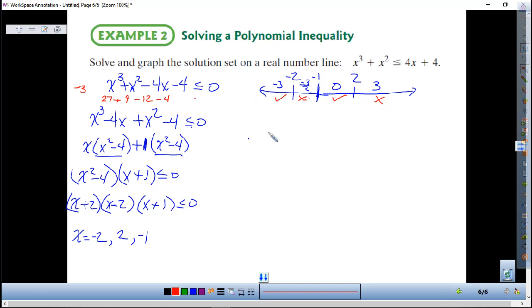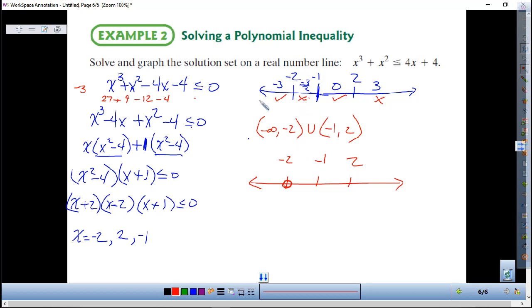All right, so in interval notation, my solution is negative infinity to negative 2, this part, and then union with negative 1 to 2, this interval here. Now, if I wanted to draw it on the number line, which our instructions tell us to do, all we have to worry about is where it changes, which is, by the way, in this case, everywhere. So negative 2, negative 1, 2.